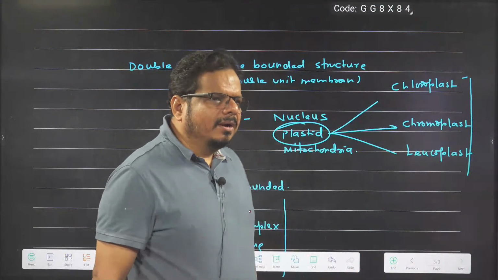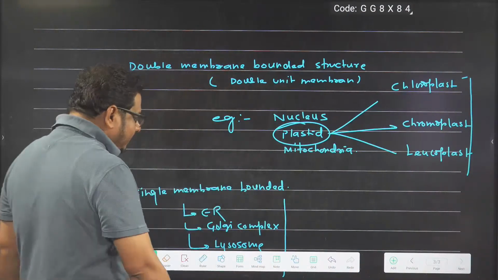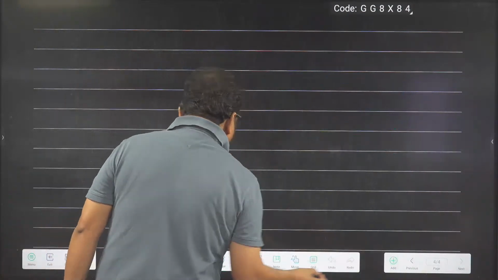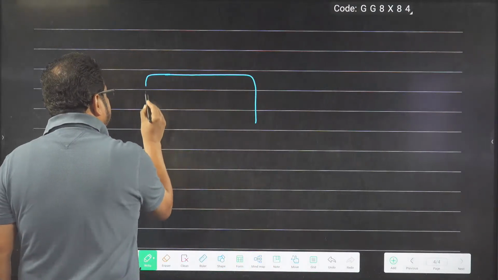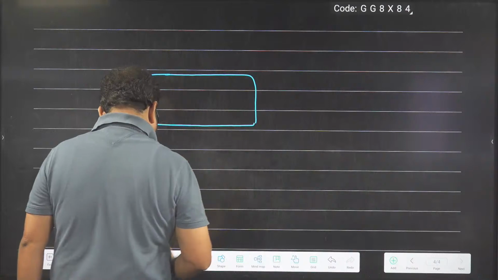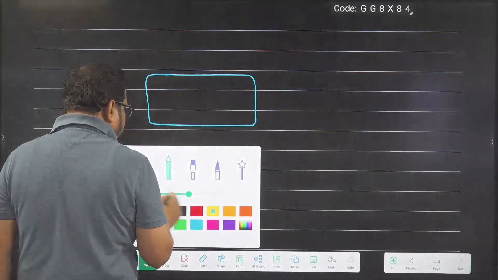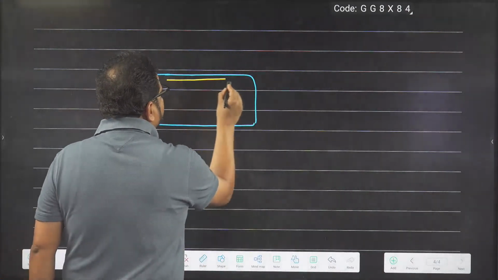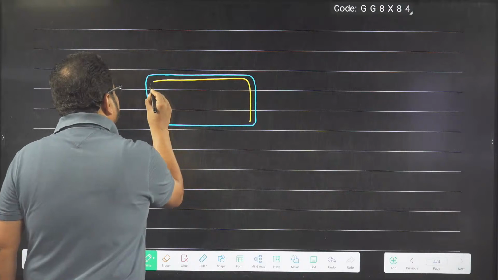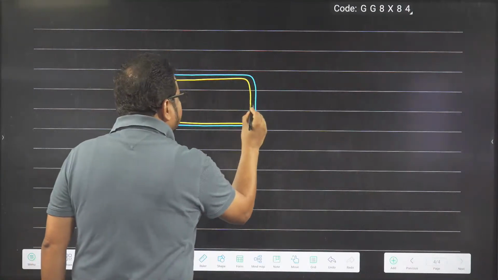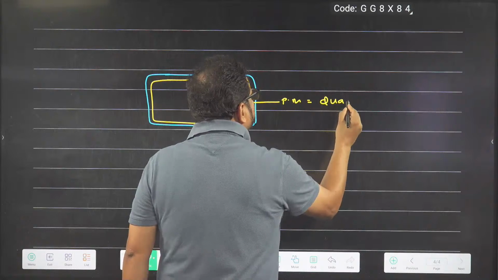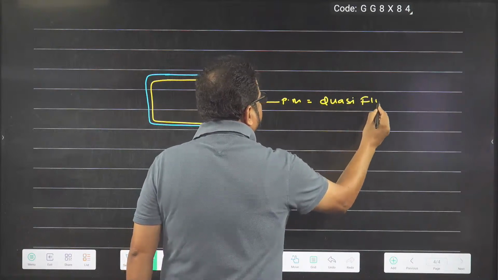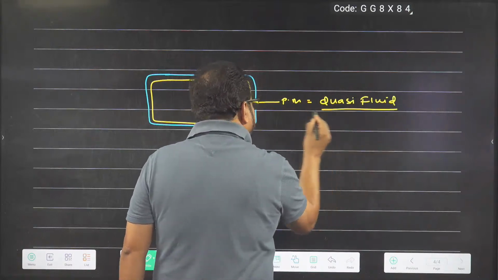So, cell wall and quasi fluid nature. One student asks, sir, you are telling that in a plant cell there is a cell wall, it is rigid, and you are saying plasma membrane is quasi fluid. This is the plasma membrane. It is quasi fluid. It has a fluid nature.